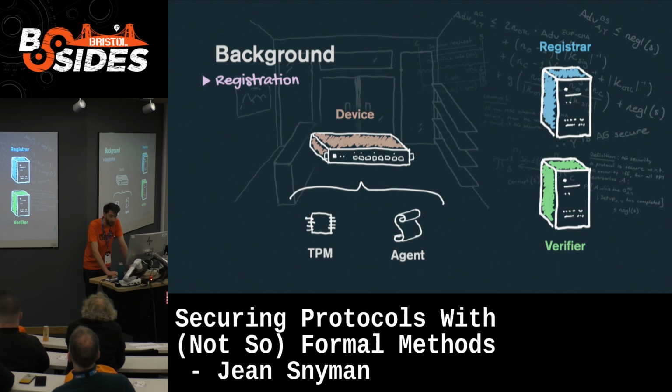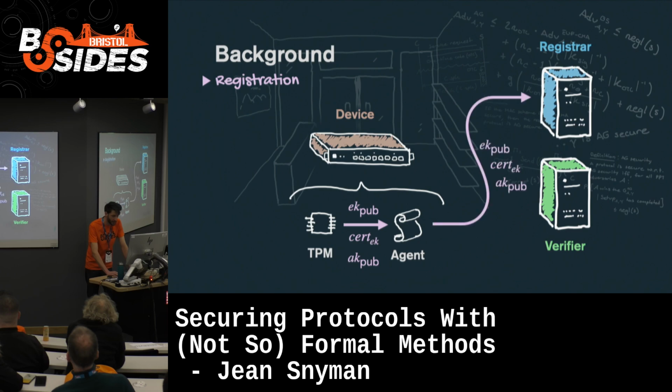All right, so to achieve all this, we have different phases that take place. First of all, we have a registration protocol. At a high level, how this works is that the agent, when it starts up for the first time, will retrieve something called an EK, or an endorsement key, from the TPM, and also an EK cert, which is just the X509 certificate that contains the public portion of the EK, and it is signed by the manufacturer of the TPM. And then we also request that a new attestation key, or AK, be created, and we retrieve that.